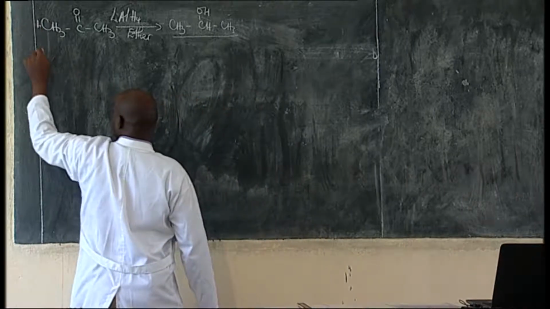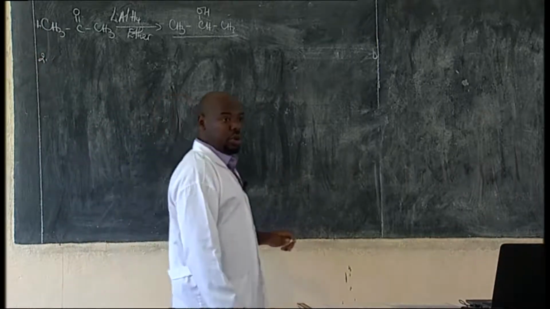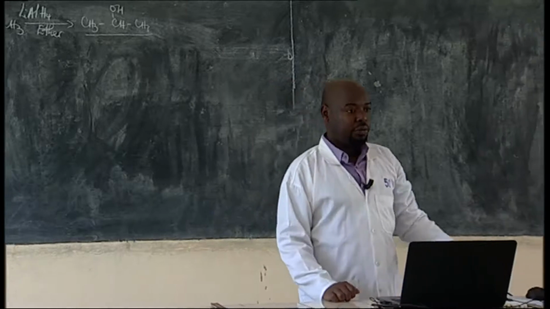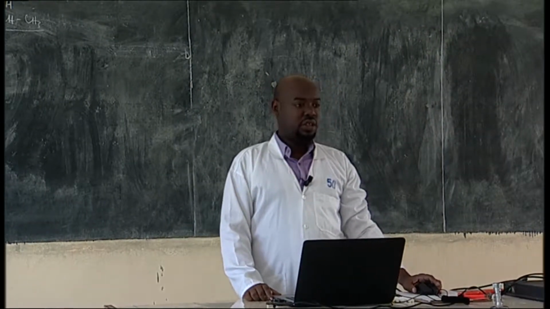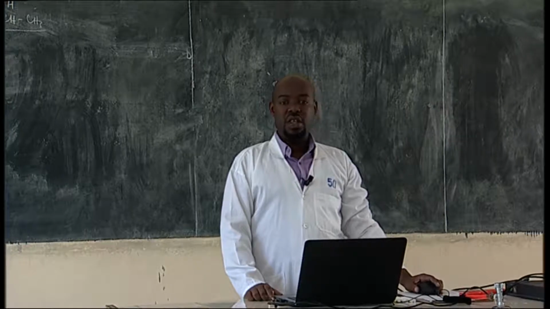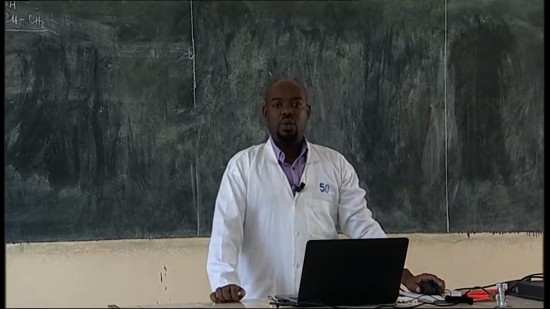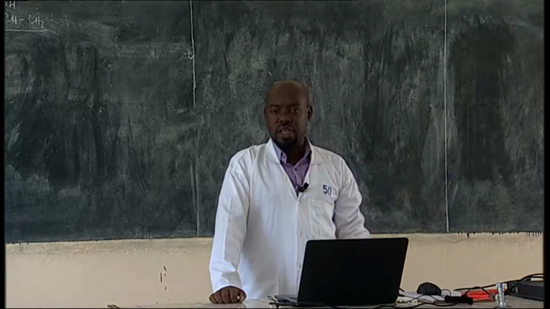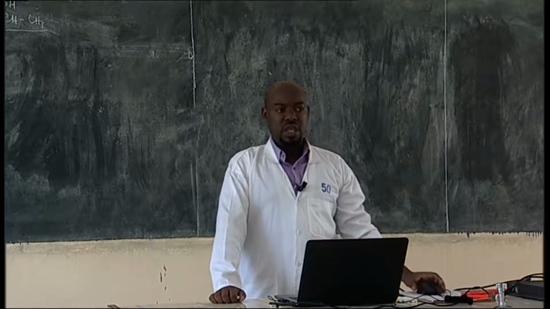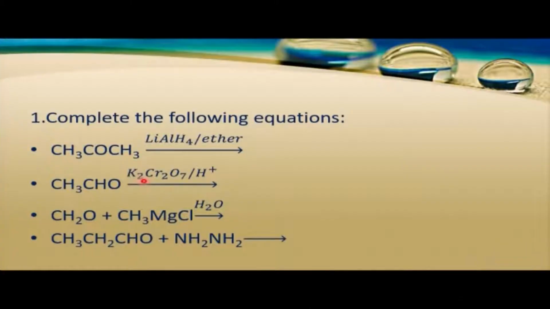And for equation number 2, what do we have? Do you remember how we call this compound? It is ethanol. And ethanol, when it is treated with acidified potassium dichromate, what do we get? Remember, this is an oxidizing agent.